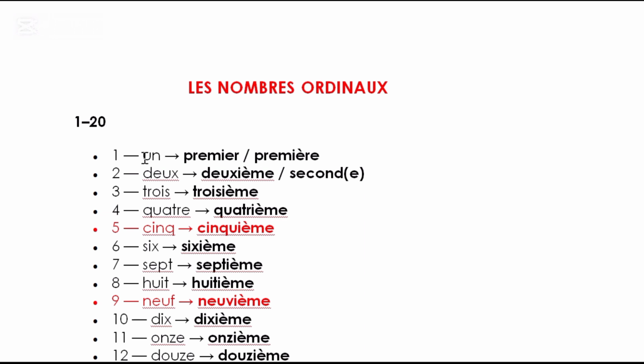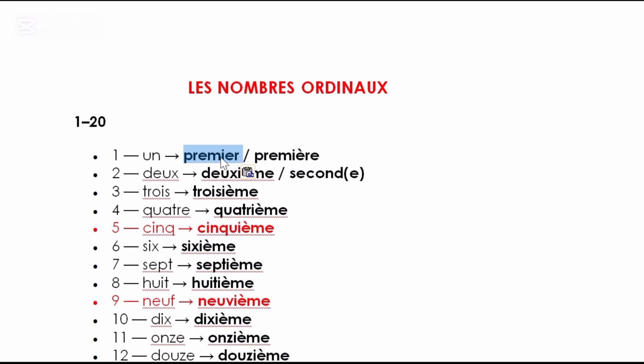Now, in French, our cardinal number 1 is un. And first, what are we going to call first? We are going to call it premier. Repeat that. Premier means first, and it is masculine.